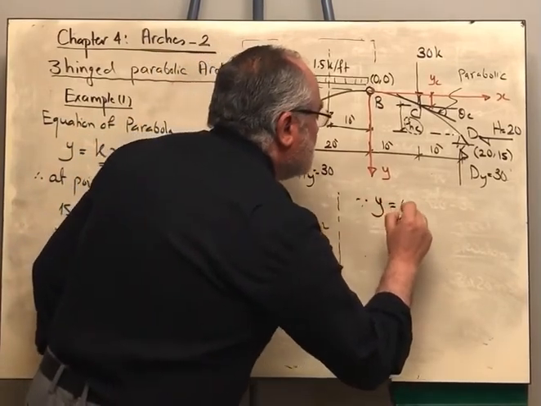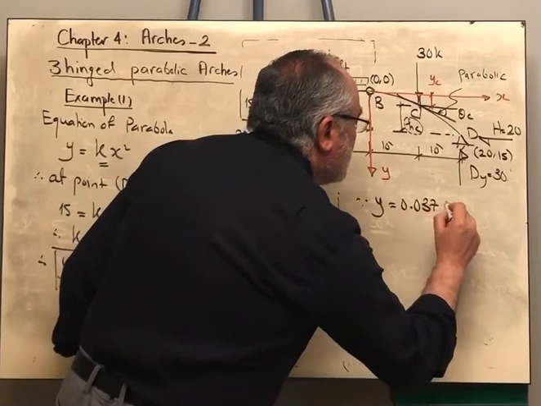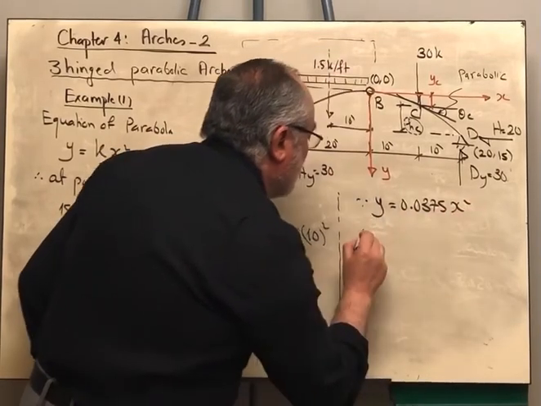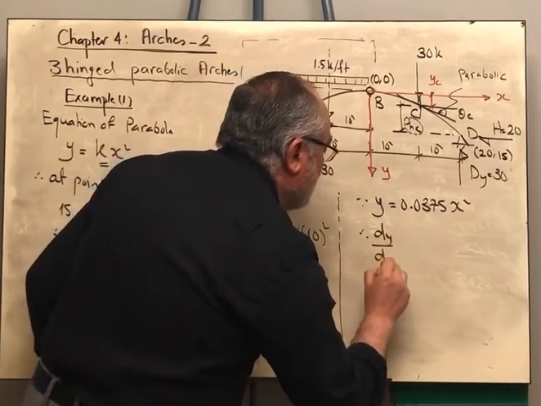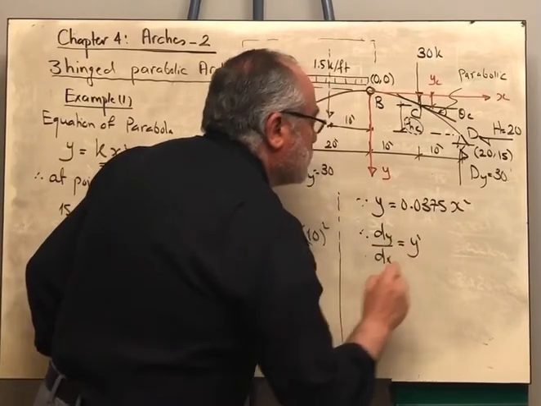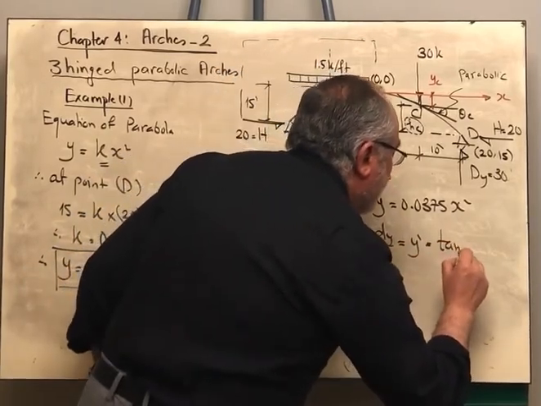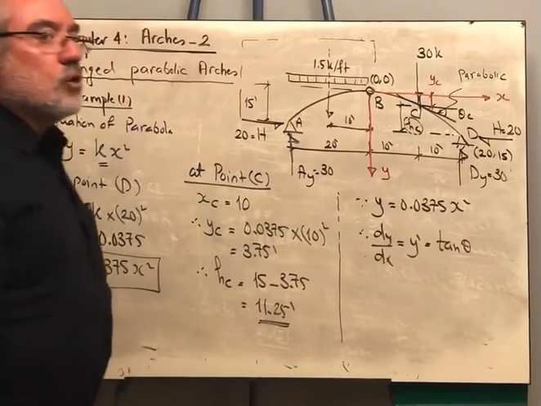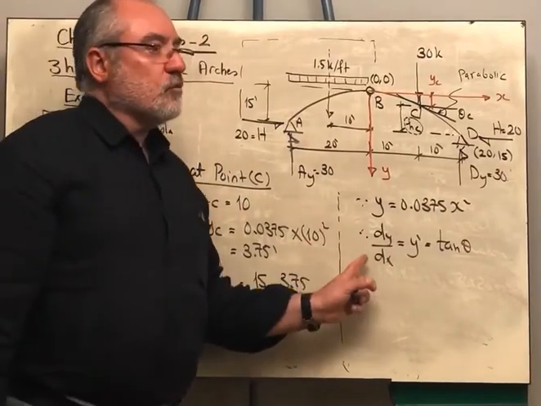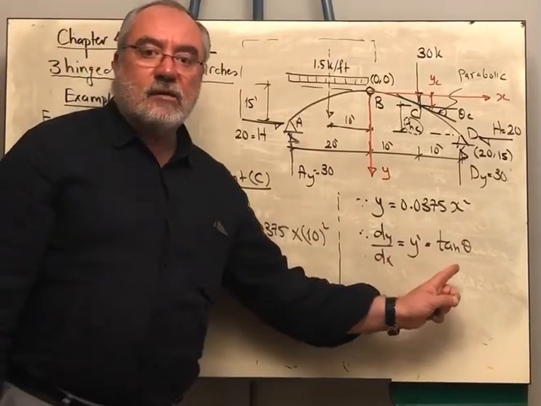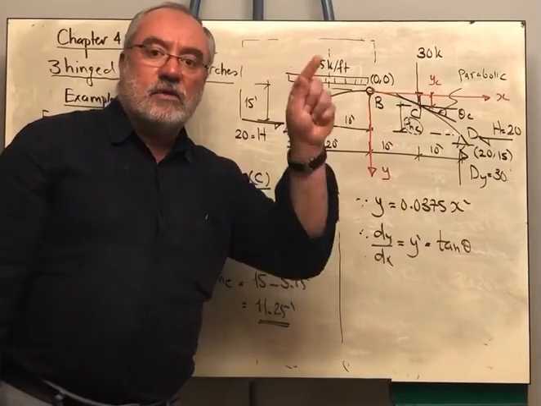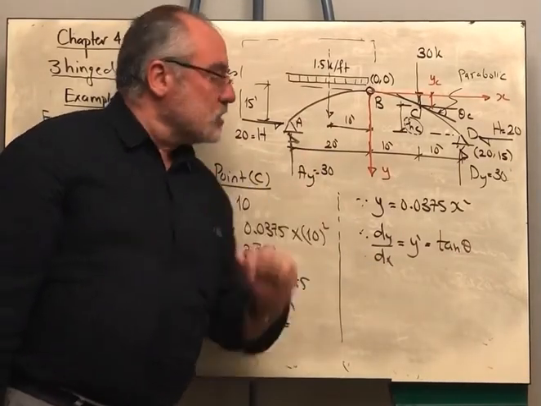Since y is equal to 0.0375 of x squared, therefore dy by dx, which is y dash, which is tan theta, because we know from calculus that the first derivative of any function is equal to tan the angle between the tangent to the function and the horizontal.